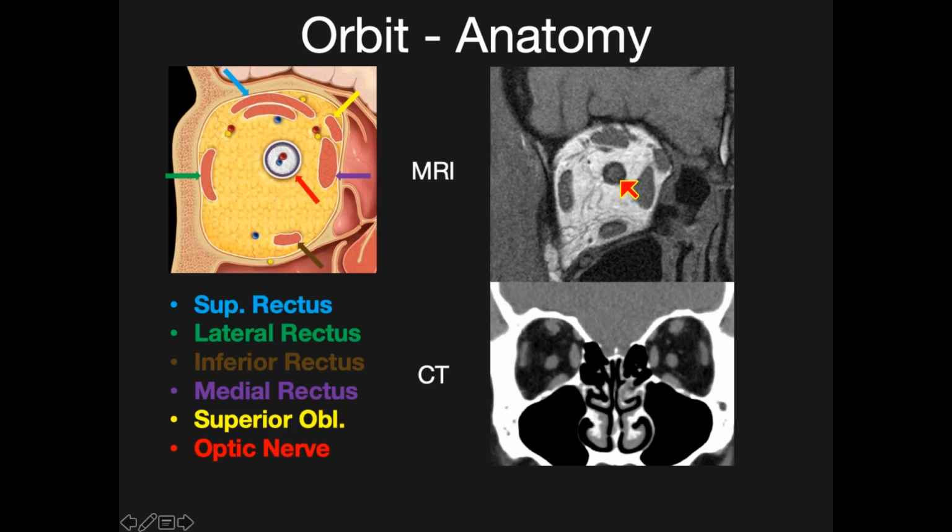So we see the optic nerve, the muscles, superior rectus, superior oblique, medial rectus, inferior rectus, and lateral rectus, both on MR as well as on CT. Note the intimate relationship with the brain itself, thus the anterior cranial fossa, the brain, and the sinuses. And all these are important when we are imaging a patient with orbital pathology.